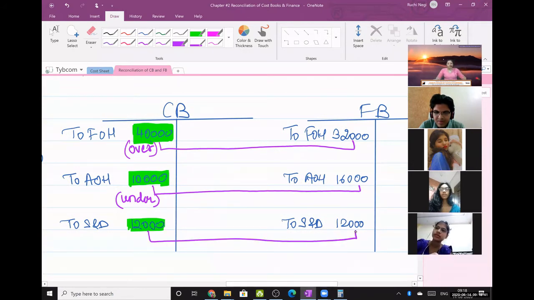Now what? 12 and here also it is 12. The variation I did, right, now what to do? Both the books it is 12. Now what to do? No recovery. Okay, fine.